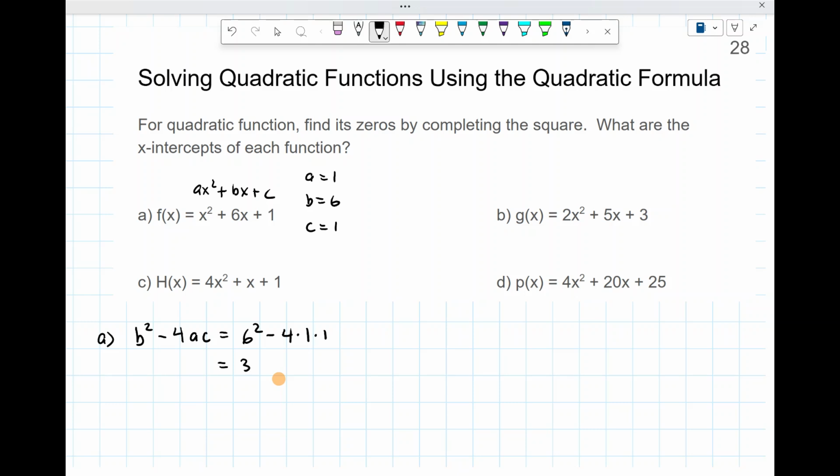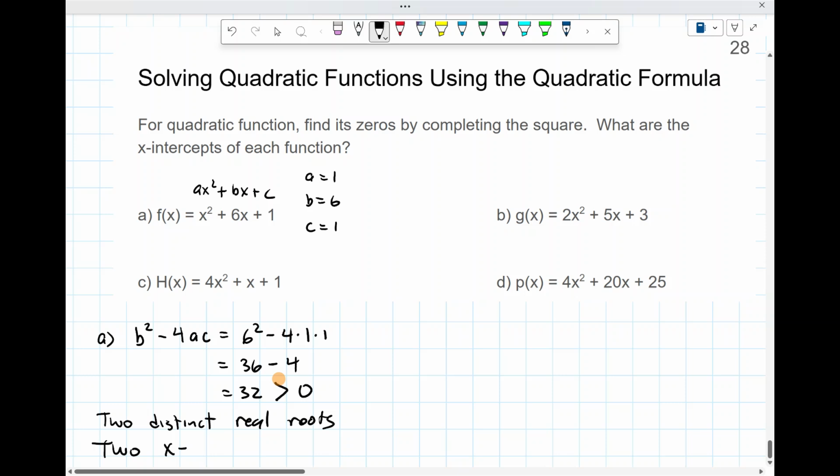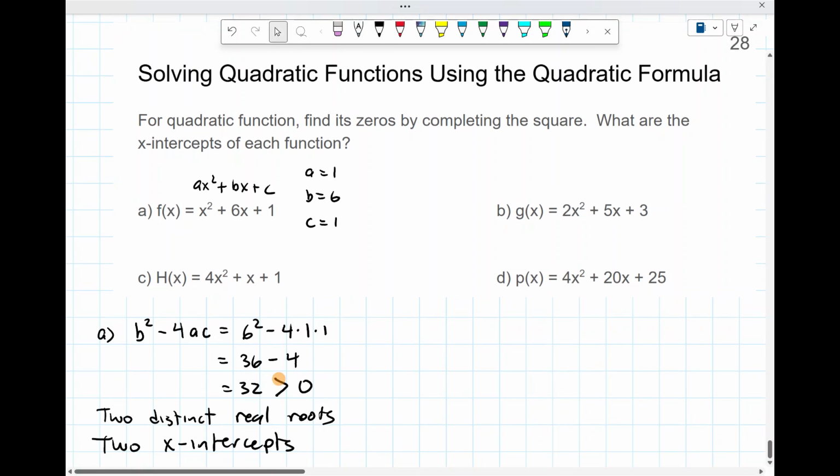So this will be 36 minus 4 equals 32. So this is a positive number. It's greater than 0. So there will be two distinct real roots and two x-intercepts. All right, easy as that.